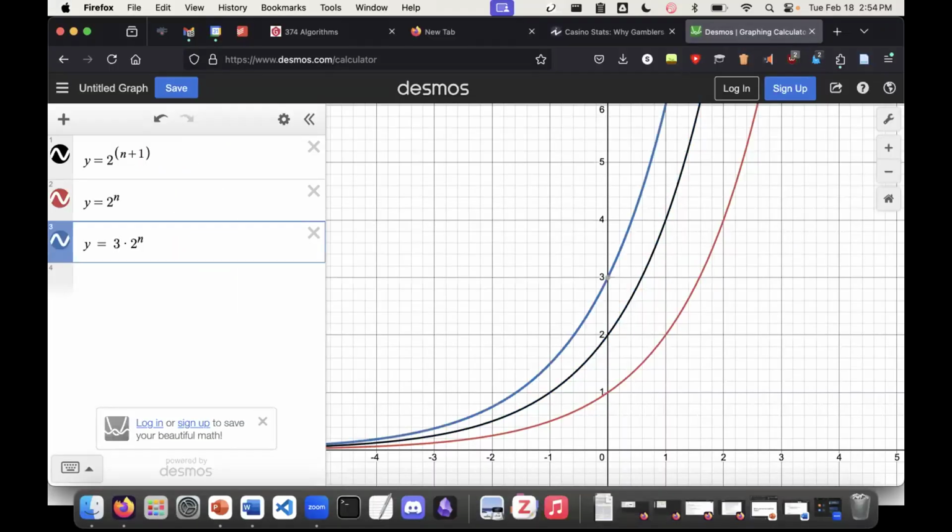So let's try 3. 3 gives us an upper bound. We can see that. So for C is 3 and n naught is 0, n greater than 0, then 3 times 2 to the n is an upper bound.